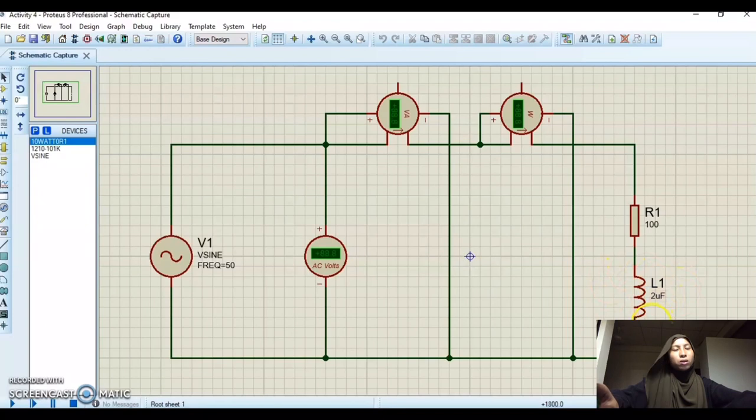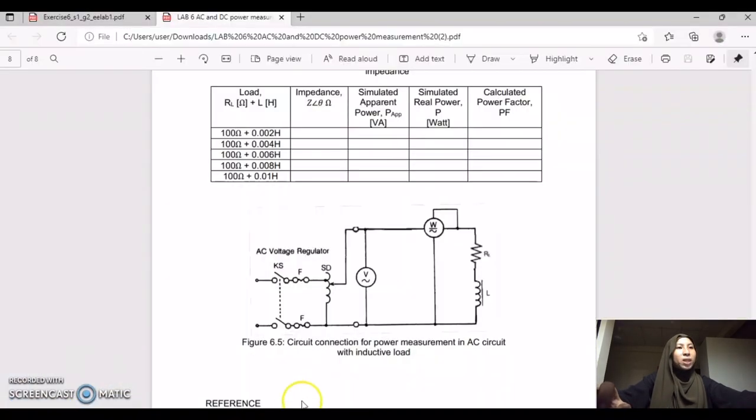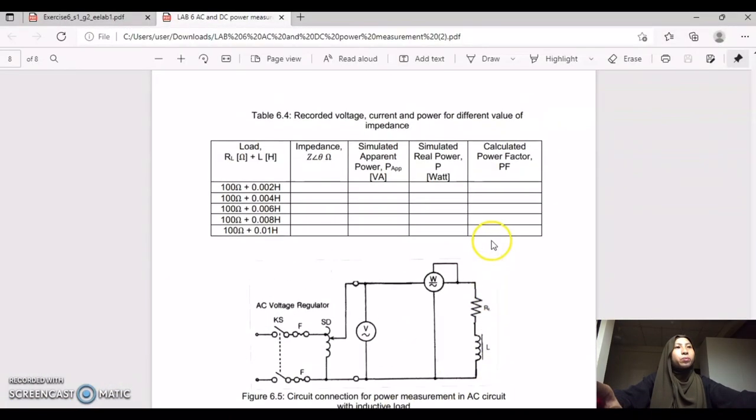We used a capacitor before, so we need to change it to an inductor. Same as activity 3, we keep the load resistor at 100 ohms and change the value of inductance from 0.002 Henry until 0.01 Henry.